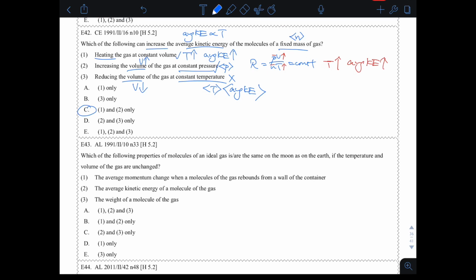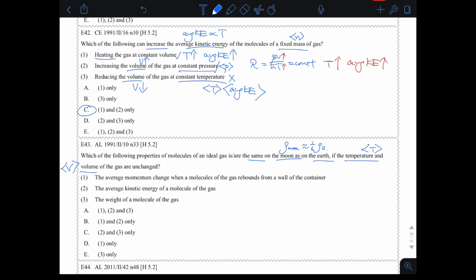Next, we will be looking at similar things here. Same on the moon and Earth. You really have to understand the main difference between the situation on the moon and on Earth. Given that the temperature and the volume of the gas are unchanged, the only difference between moon and Earth is that g, the gravity on the moon, is only about 1/6 of g on Earth. So less gravity.